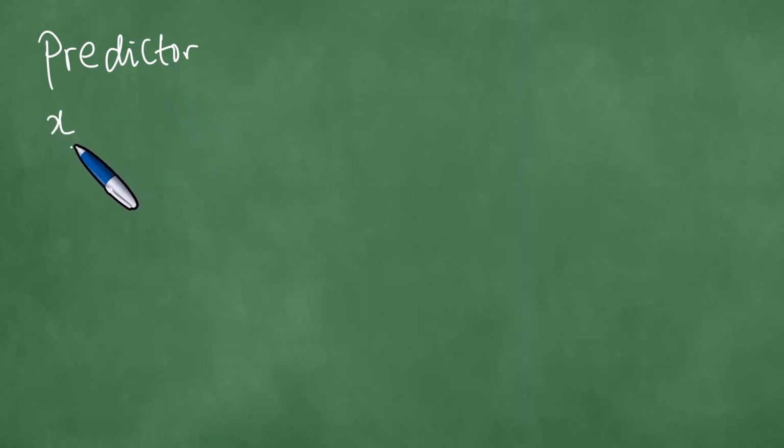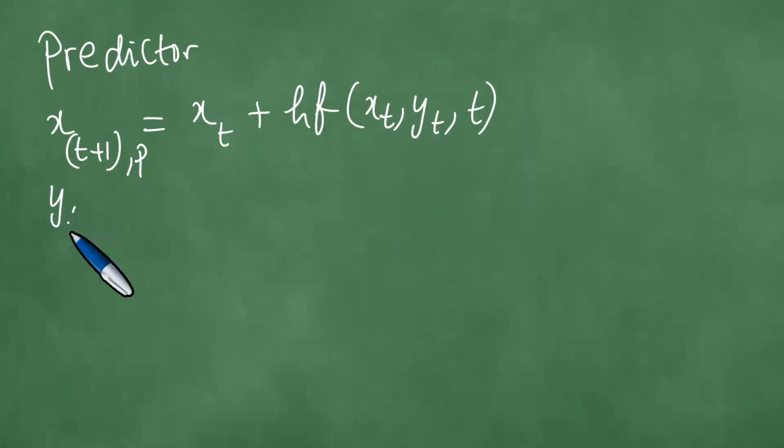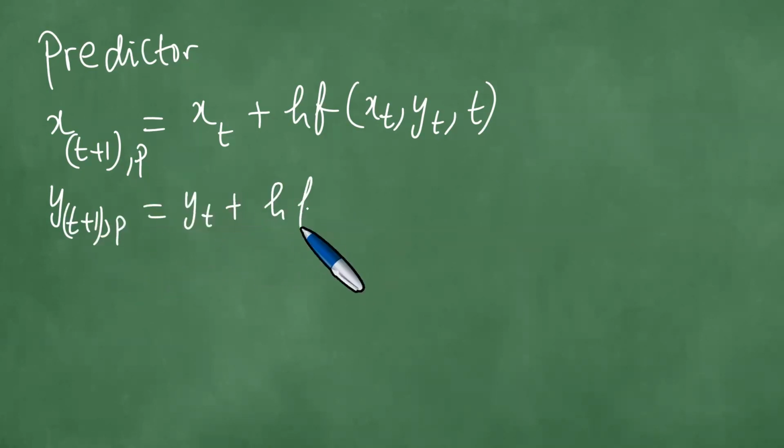We first deal with the predictor, with slightly different notation. Instead of using the superscript, we're using the subscript P. So x sub t plus 1, P equals x sub t plus h f of x_t, y_t, t, and y sub t plus 1, P equals y sub t plus h g.